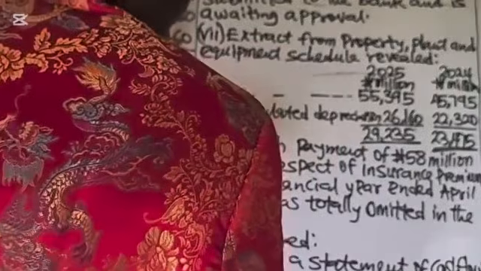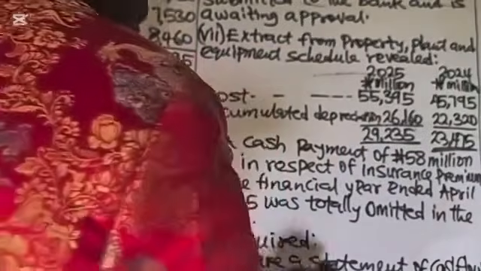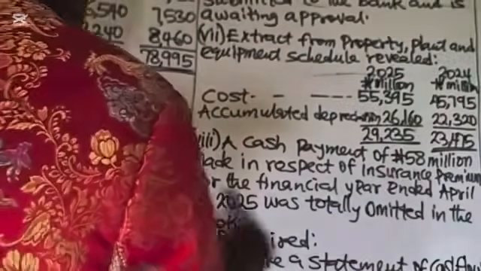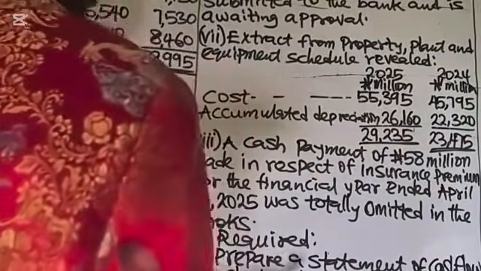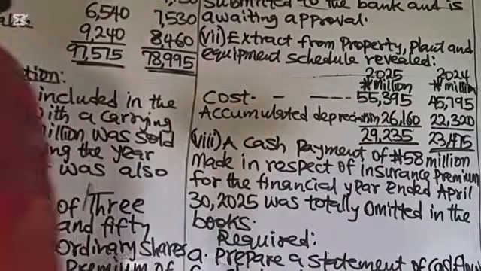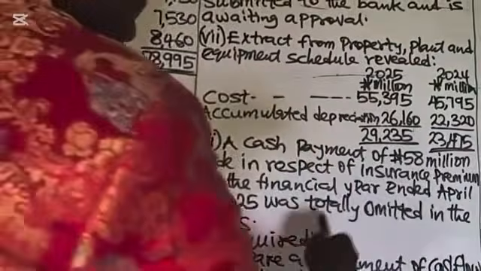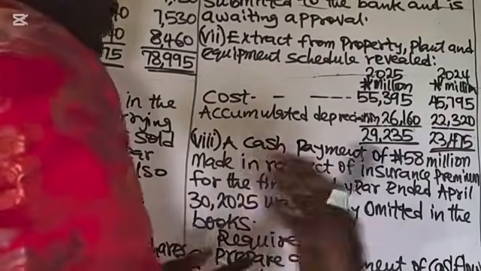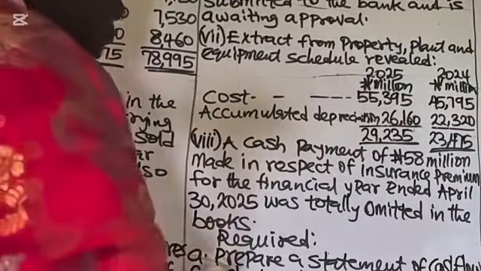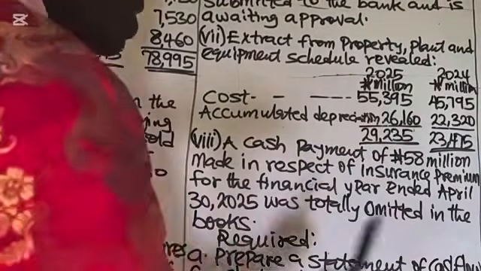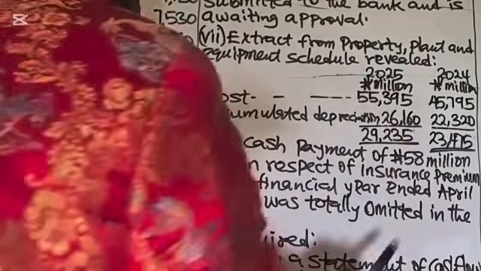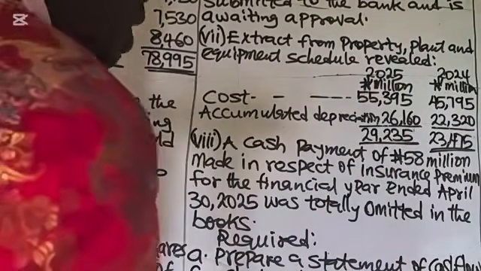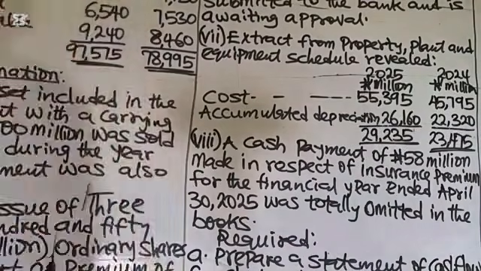We deduct it in the statement of profit or loss, then from operating activities, since insurance premium is an administrative expense and is treated as part of operating activity. Since it was paid, the cash of the entity will reduce, so it should be credited to cash. That means when we get to cash and cash equivalents, the 58 million should be deducted.